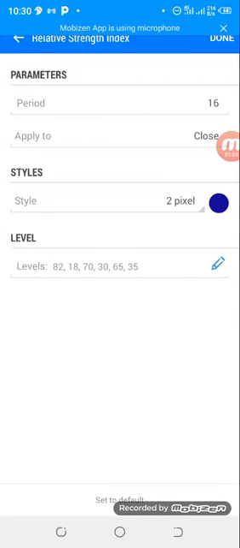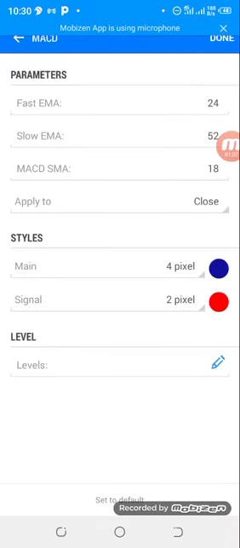That is for RSI. For MACD, our fast EMA is 24, slow EMA 52, and MACD SMA 18, apply to close. You can use any color, but I use dark blue for my main and red for my signal.